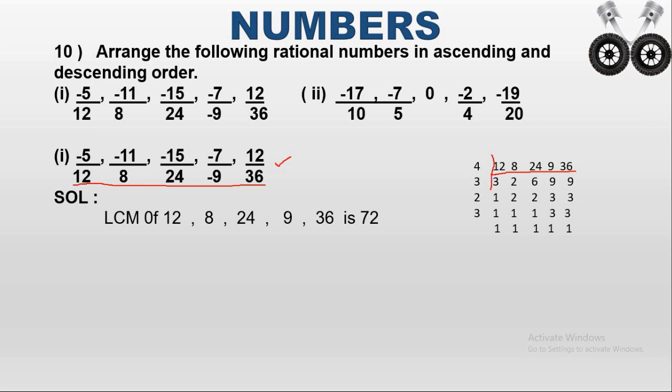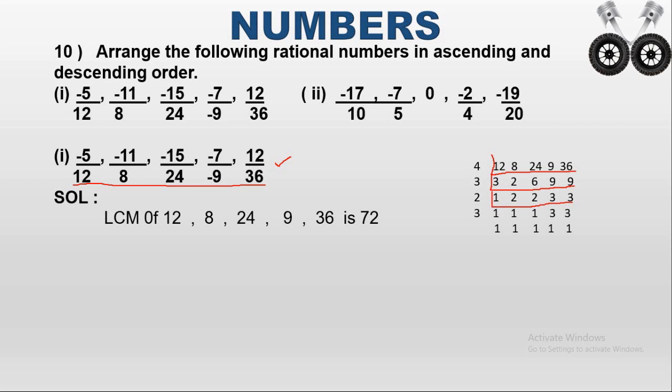Again, the common factor for 3, 6 and 9 is 3. 1 3s are 3. We write 2 as it is. Then 3 2s are 6, 3 3s are 9. Now the factor for 2 is 2 itself, so 1 2s are 2.